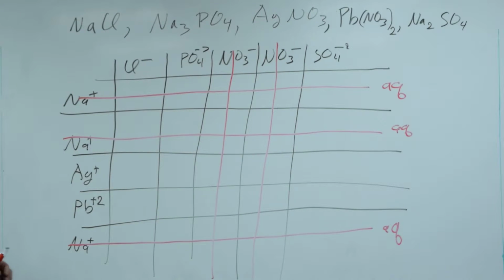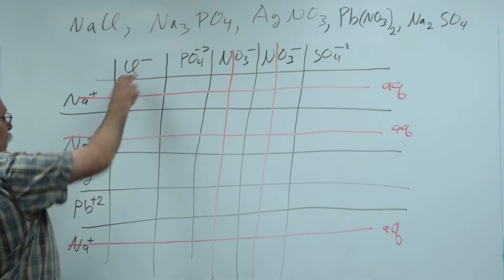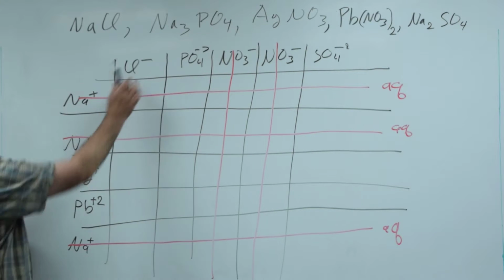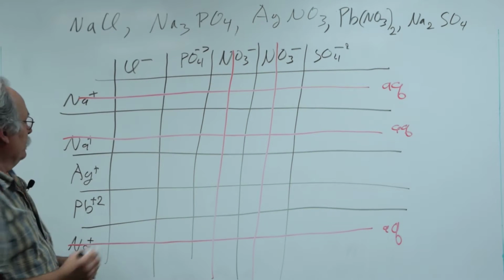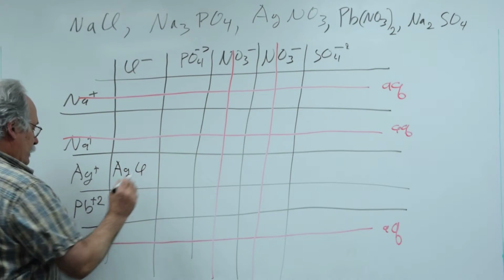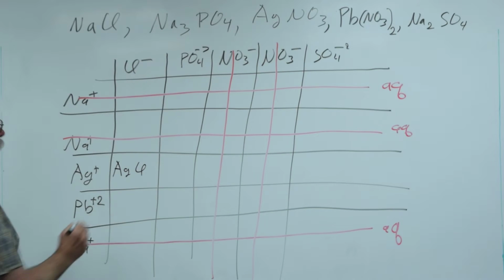Okay? Now I come over here and I go to the cells that have not been canceled. Silver chloride. I go to my solubility rules, and this is a solid. So I make AgCl. Lead chloride. I go to my solubility rules.